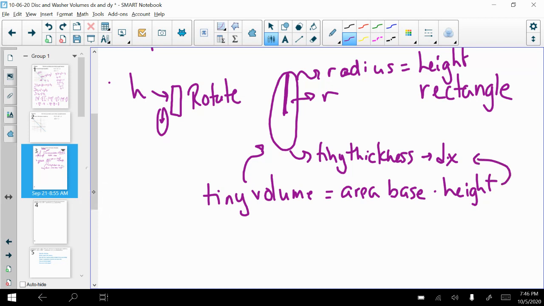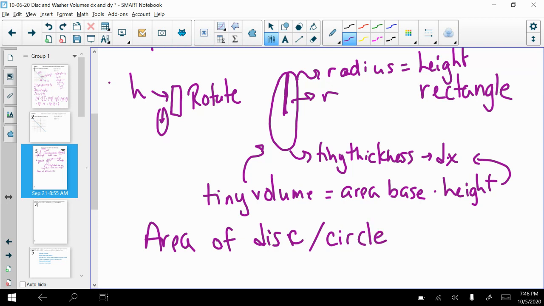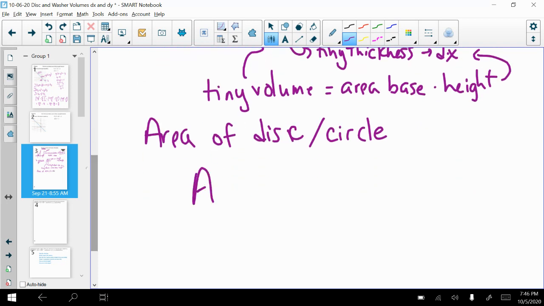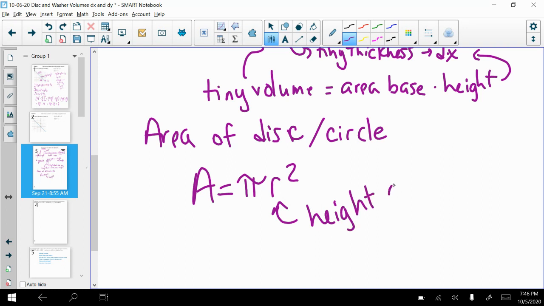So what it is, the area of a circle, because we have our little disks. You guys know the area of a circle: pi r squared. It's just that r is weird here because r is the height of our rectangle.